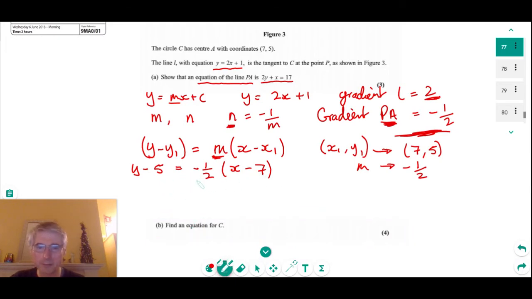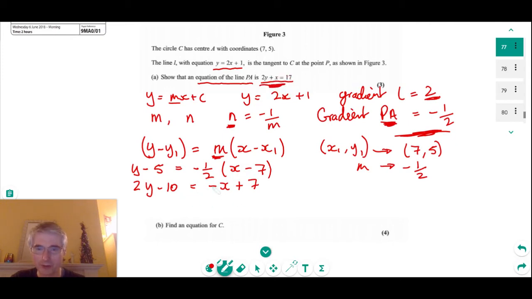If I multiply that out, I'm going to get y minus 5. In fact, I think it would be easier to multiply through by 2. Multiplying both sides by 2, I'll get 2y minus 10 is equal to minus x, and then minus times minus is going to give me positive 7. So we're actually close to the required format there.